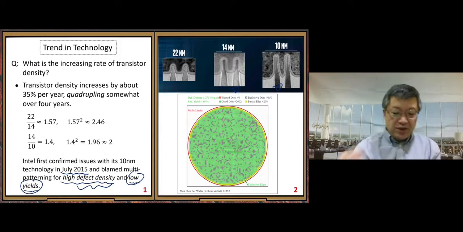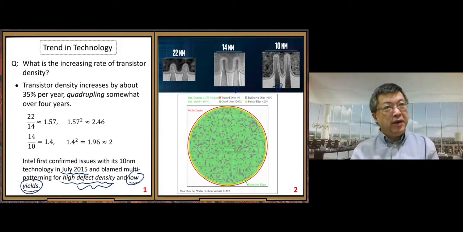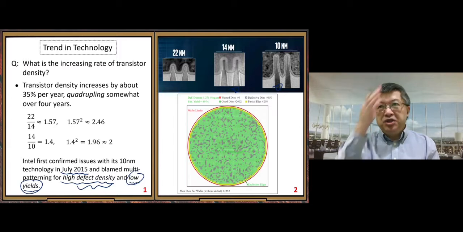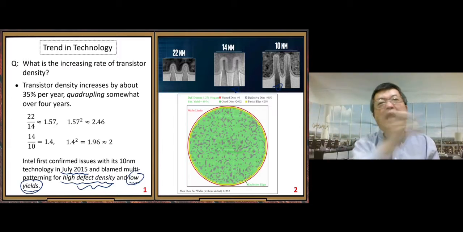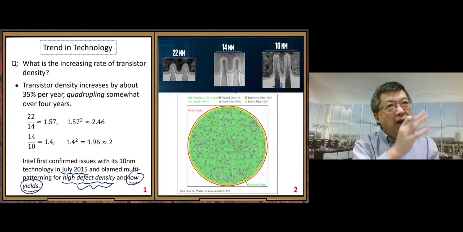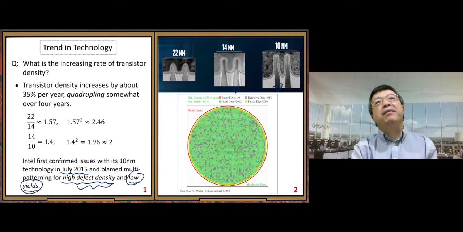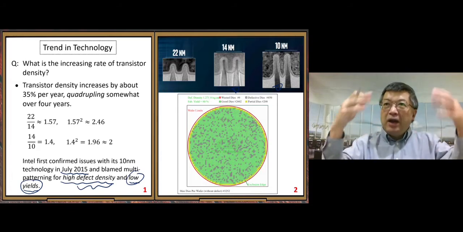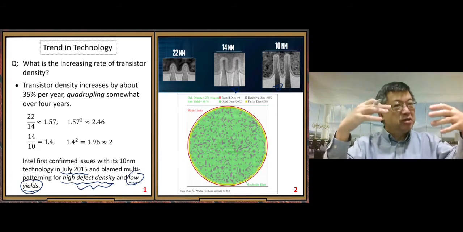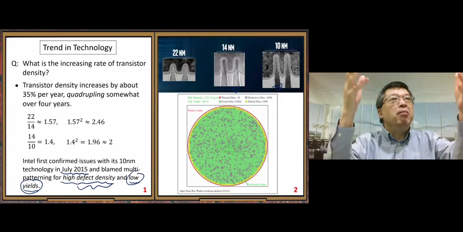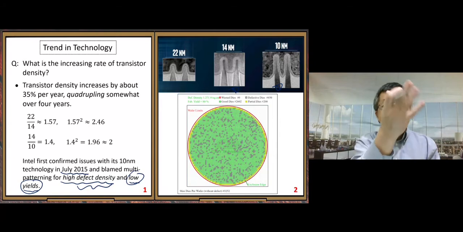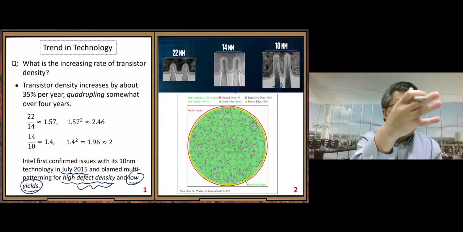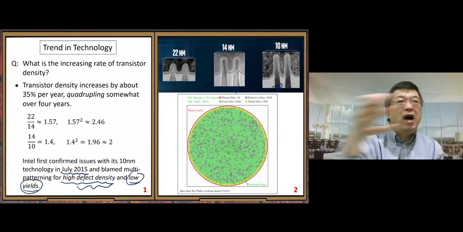So for that reason, Intel 10 nanometer technology was delayed many times. Only near the end of 2020 was that technology available in the market. You can see this 10 nanometer technology itself was developed for more than 5 years.